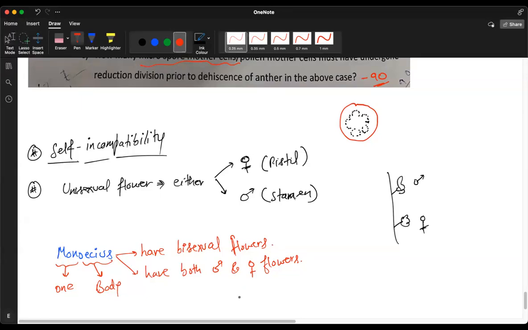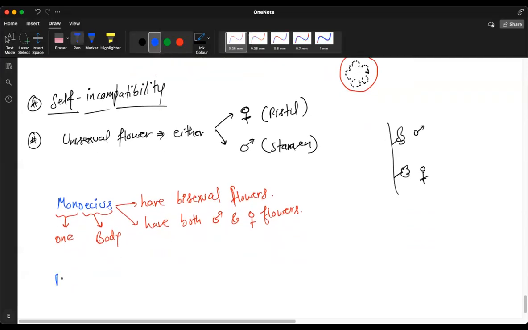Okay. Now, if I say that a plant is dioecious, then Rabia, tell me, what does this mean? If I say a plant is dioecious, what does it mean? Rabia, are you there? Yes, sir.